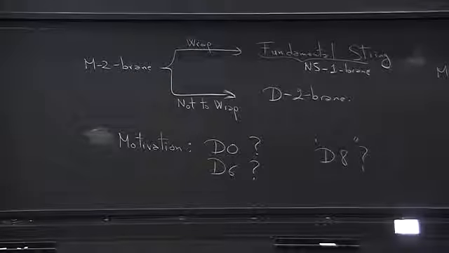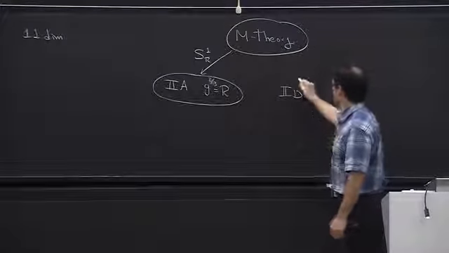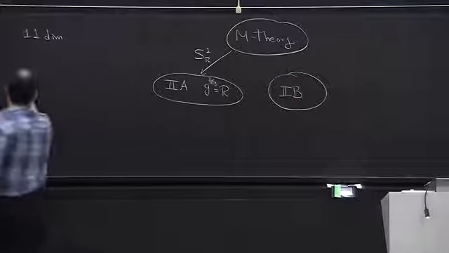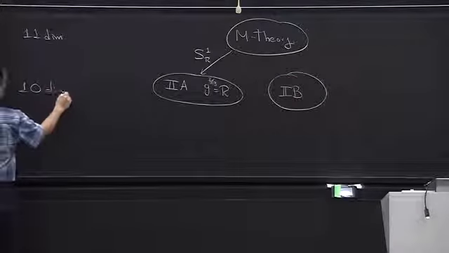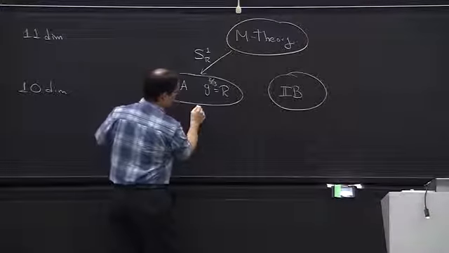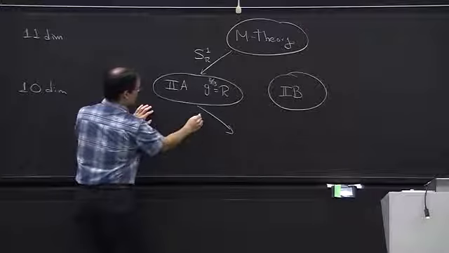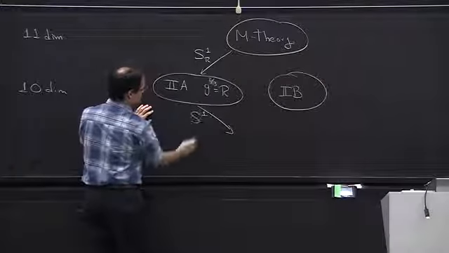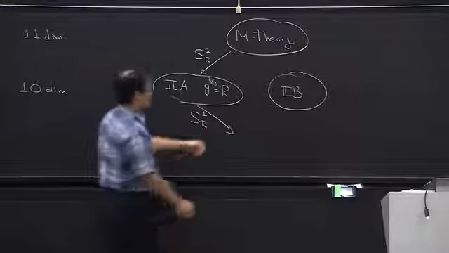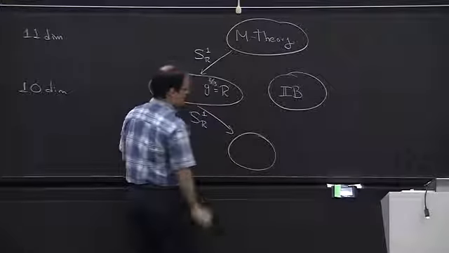But let's keep going here on this side. We know that there is something else here. There is a theory called type 2B, and this is in 10 dimensions. And yesterday, we argued that if you now compactify this on another circle of radius r, you get a new theory down here.